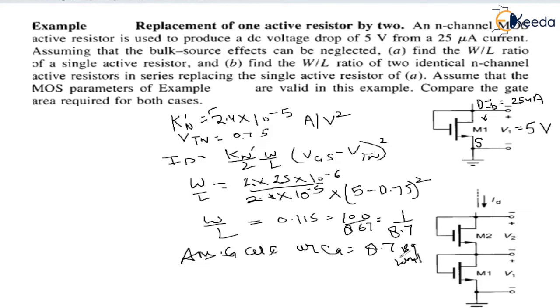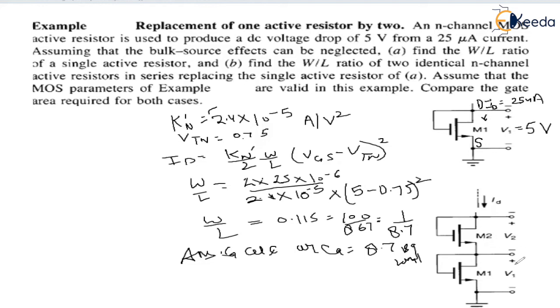In the first case, gate area is 8.7 square unit. It is given that these two transistors are identical, thus they produce the same voltage drop, and the total voltage drop V out is 5 volt.